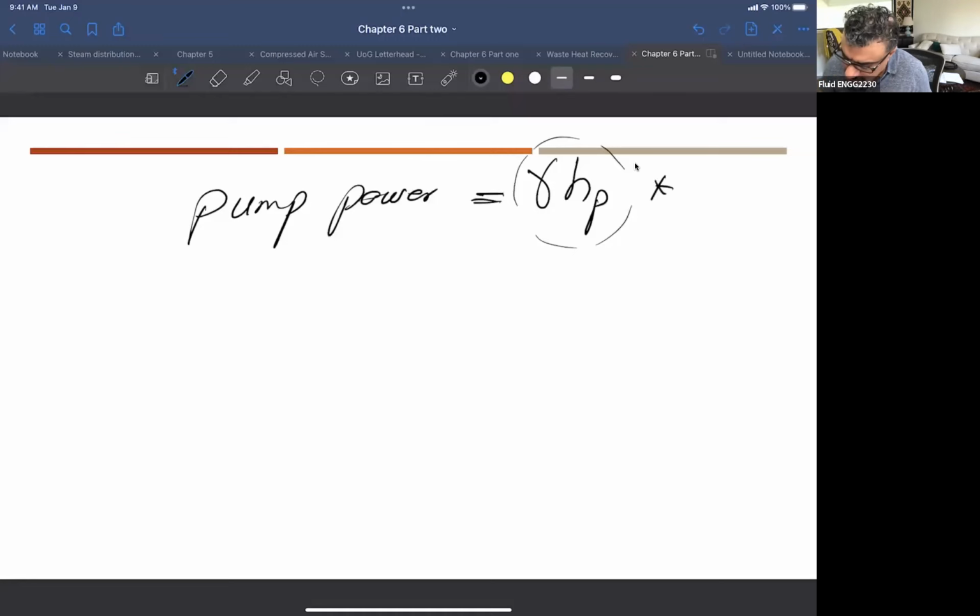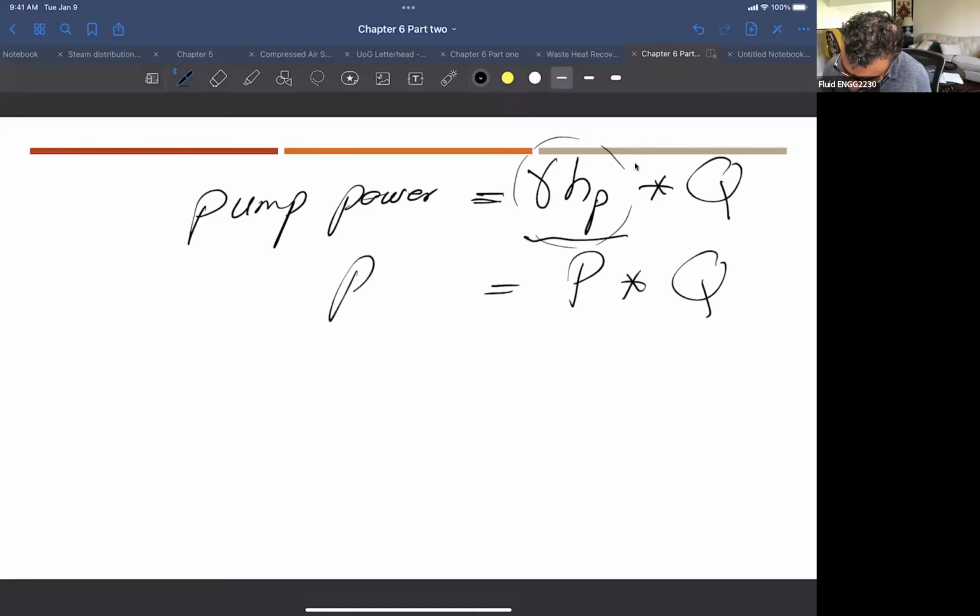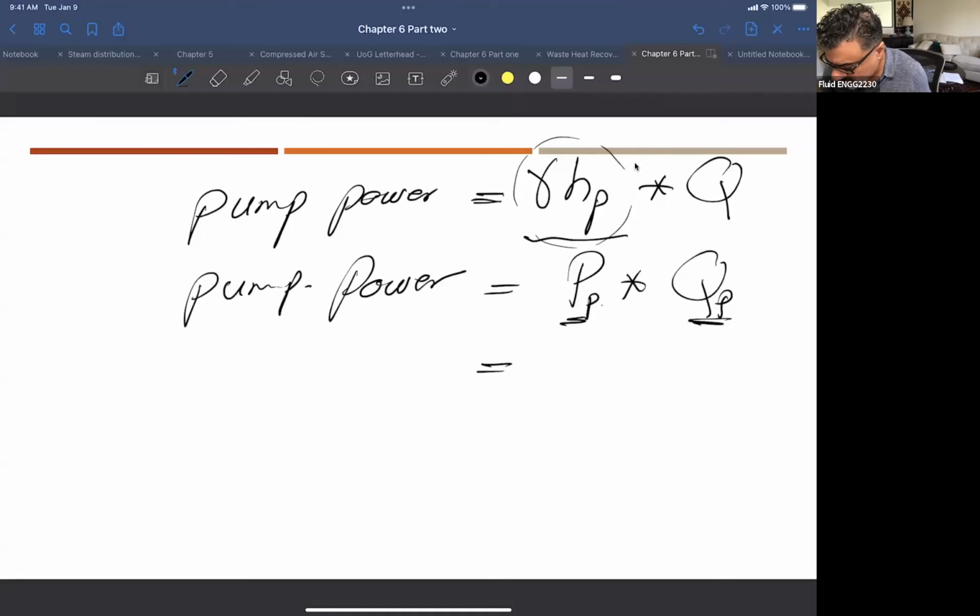And if I multiply this by Q, remember, pressure times Q is power, right? So the pressure times the flow rate is power. So the flow rate of the pump and the pressure of the pump will give you the pump power, right?